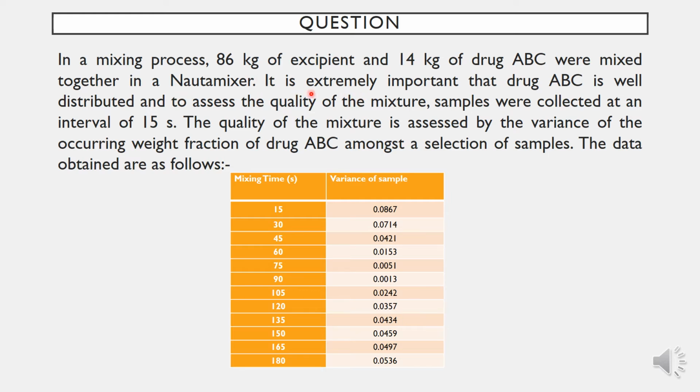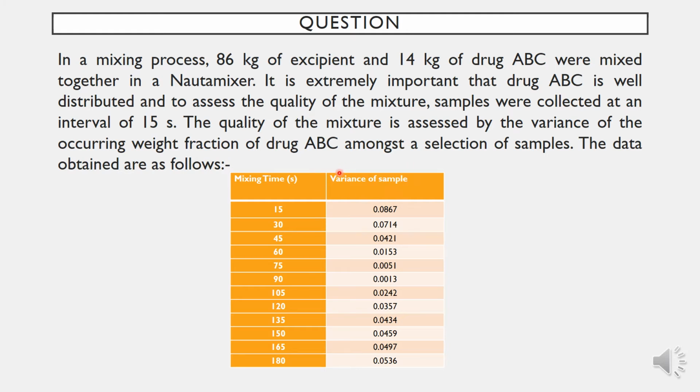It is very important that this drug ABC is well distributed, and we want to assess the quality of this mixture. To do this, we take a sample from the mixture every 15 seconds to look at the quality, and what we measure in that mixture is the variance.